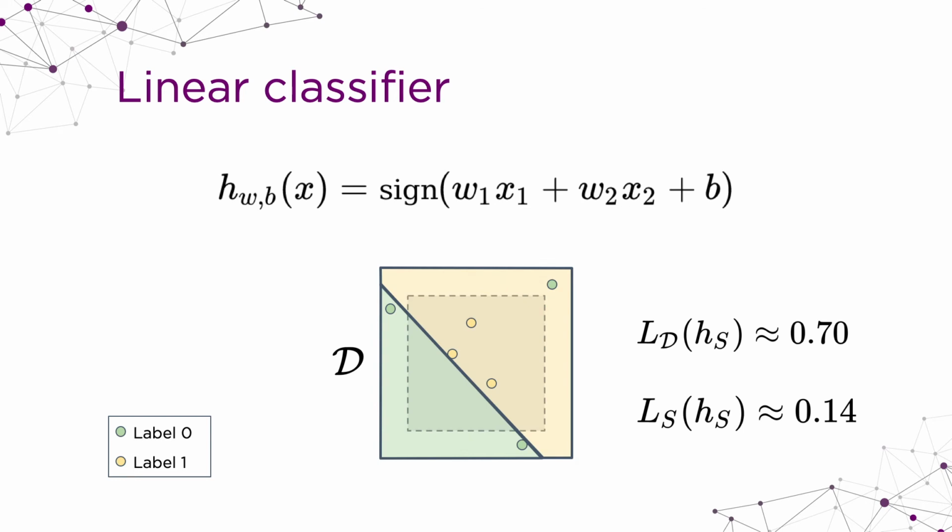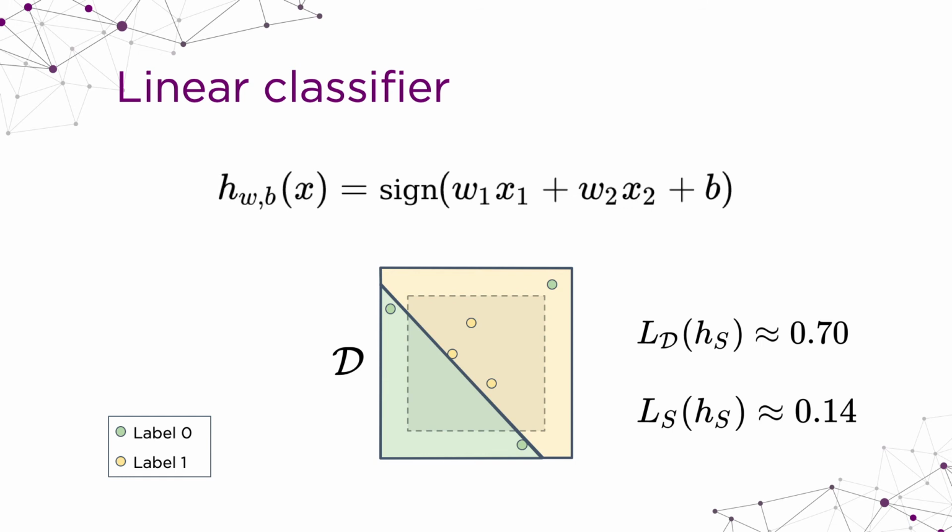It's, of course, a line here if we use the features X1 and X2. And this decision boundary cannot minimize the empirical risk. There is no way we can draw a straight line that will classify all the green points together and all the yellow points together. This model doesn't have enough complexity to really classify well on the training set.